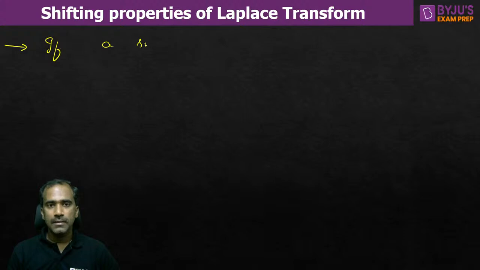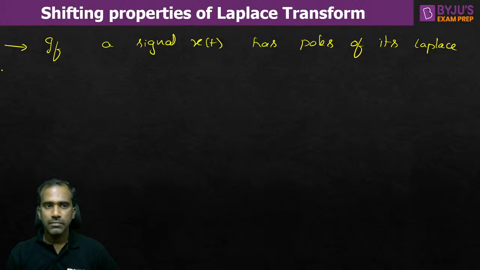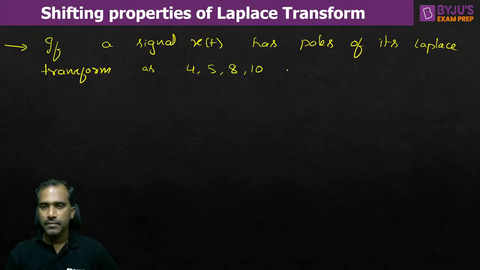If a signal x of t has poles of its Laplace transform as 4, 5, 8 and 10.